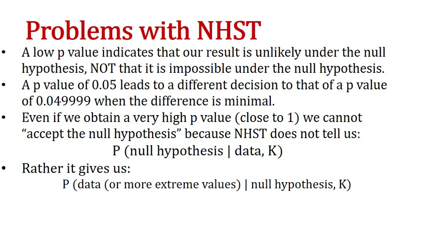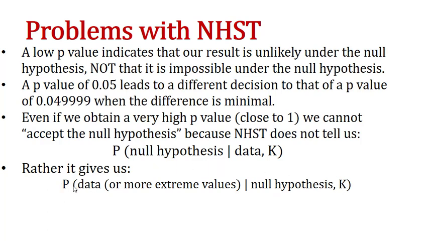But we can't get that with the NHST approach. So as I showed you before, we need to assume that the null hypothesis is true to generate the sampling distribution. So that's why we've got this: given that the null hypothesis is true and background knowledge.